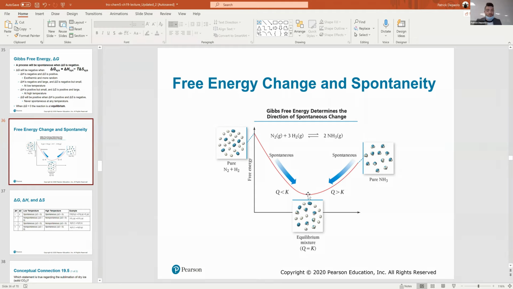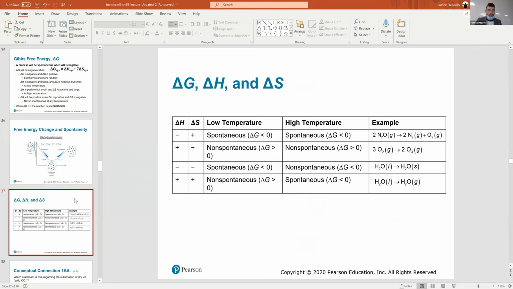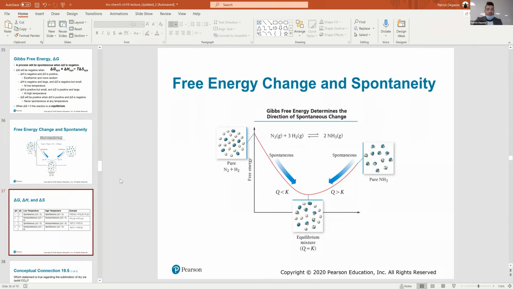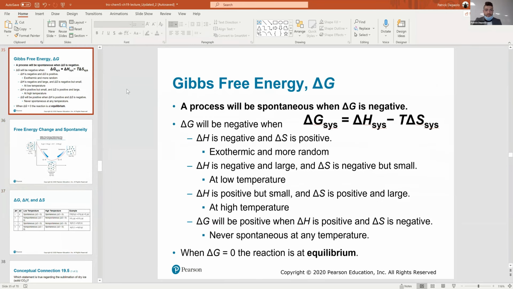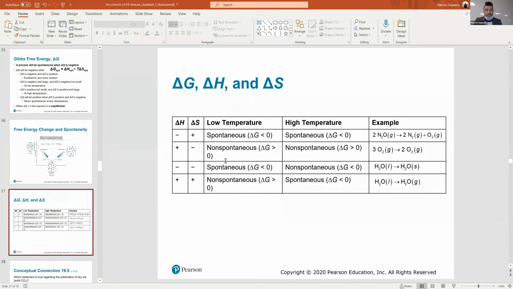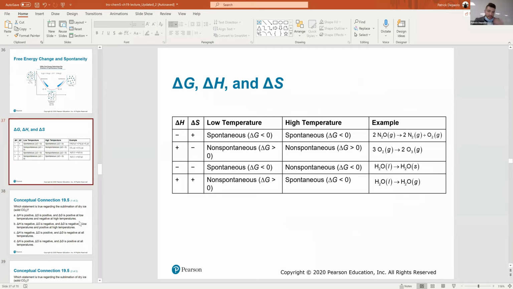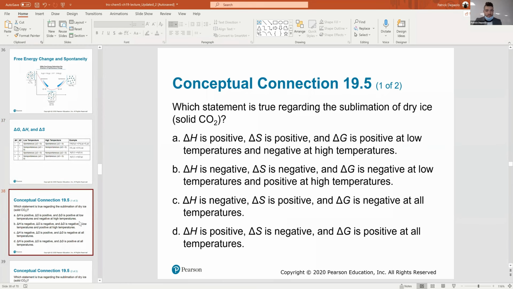It's just relating to spontaneity. That process, going forward and backwards, is spontaneous until it reaches equilibrium, even when we use Le Chatelier's principle and add or remove product or reactant. So here are examples of Gibbs free energy, negative or positive. Here's a good chart representing all of it. You can look over that and really analyze it when you study for the final, a while from now, but it's basically everything we just talked about.